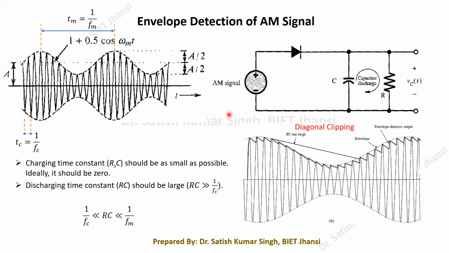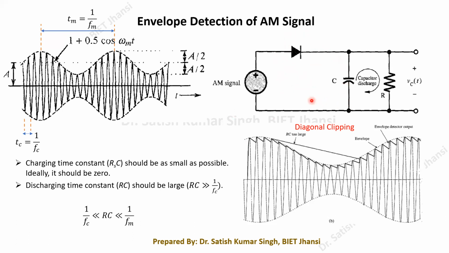First of all, there are two time constants of this circuit. The first is the charging time constant: in forward bias the diode offers a very little amount of resistance, and there will be a charging time constant of this capacitor.